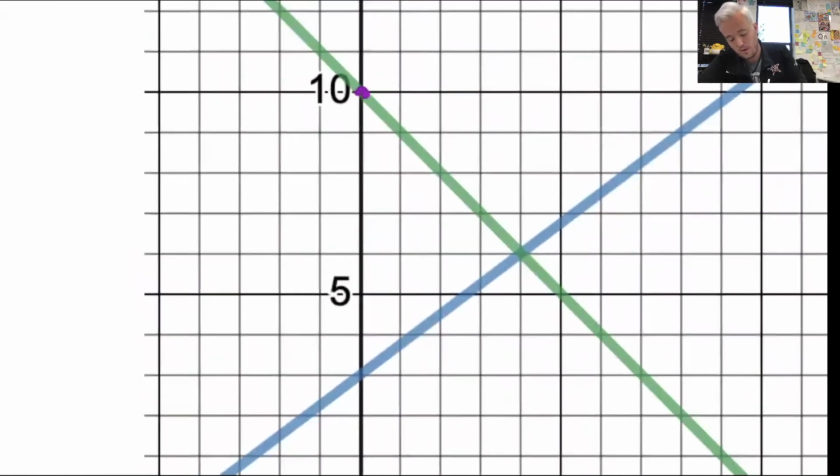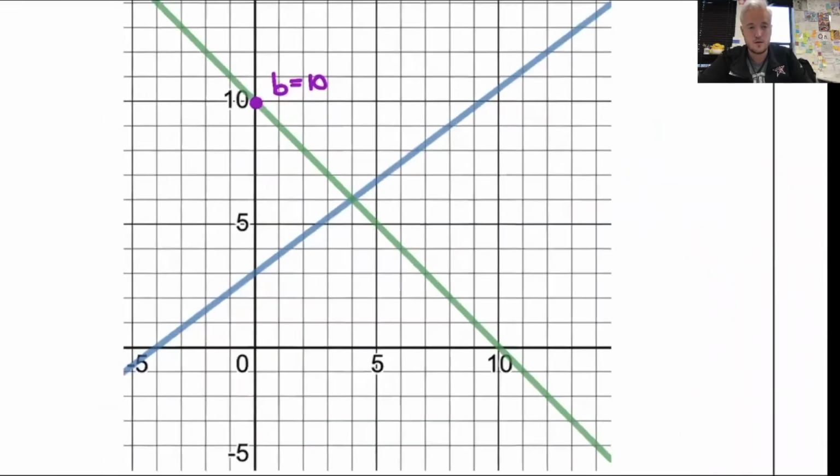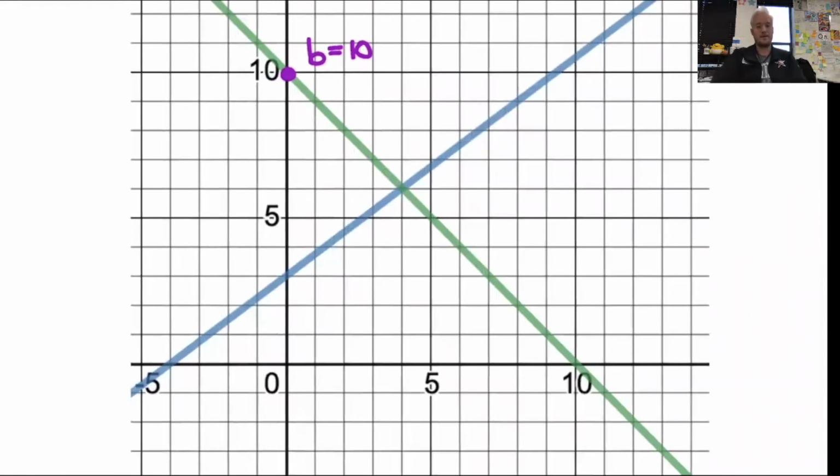I'm going to start with my y-intercept. So I know my b value is equal to 10. Now I want to find the slope, the rise over the run. You're going to look for clear, concise points. My advice is use the intercepts if possible.